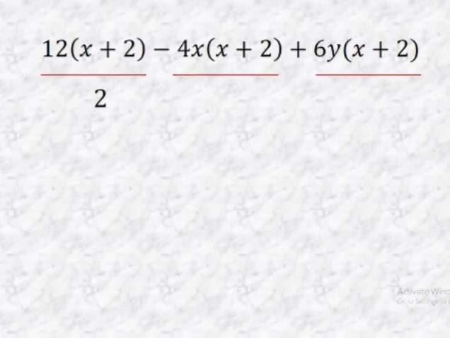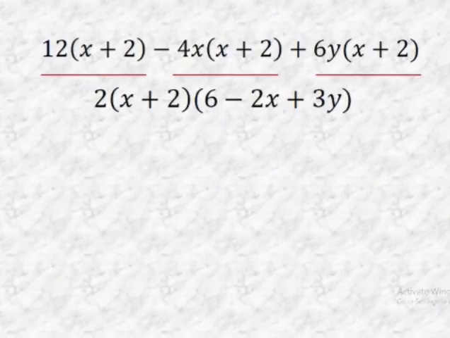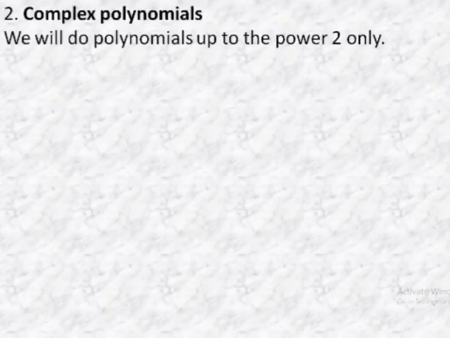We can take out 2, and we can take out x plus 2. What is left? In the first one we are left with 6, minus, in the second one we are left with 2x, in the third one we are left with 3y. So it has been factorized. We have converted this into 3 factors.